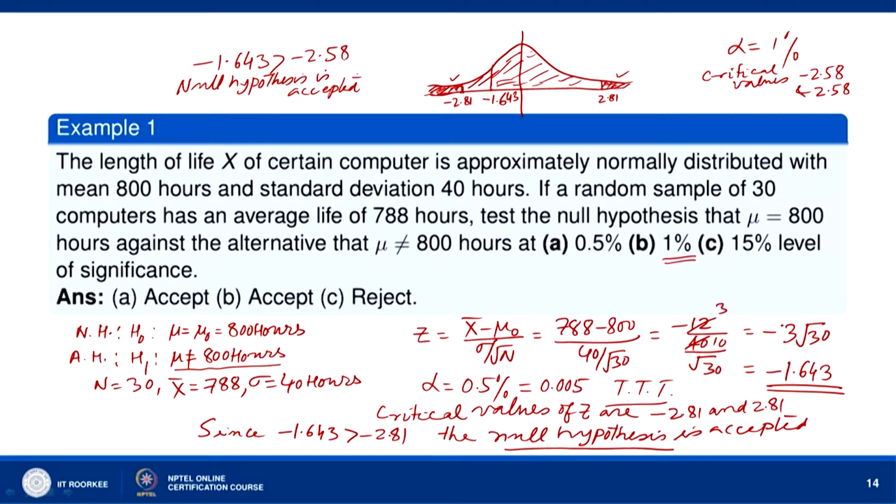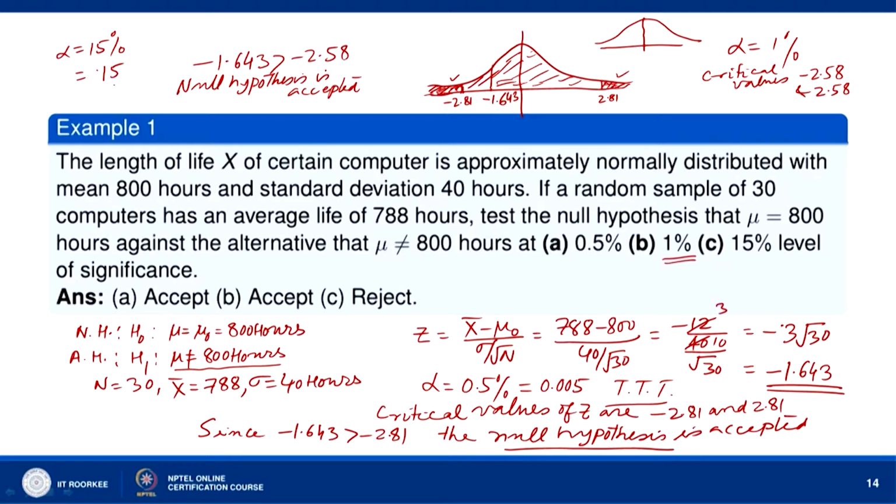Now let us consider the third case, when alpha is equal to 15%. Alpha equal to 15% means alpha is equal to 0.15. In this case, 0.15 area will lie under the probability density curve.